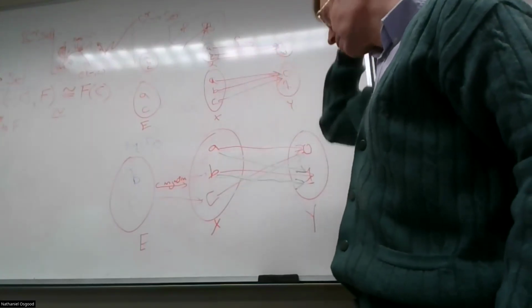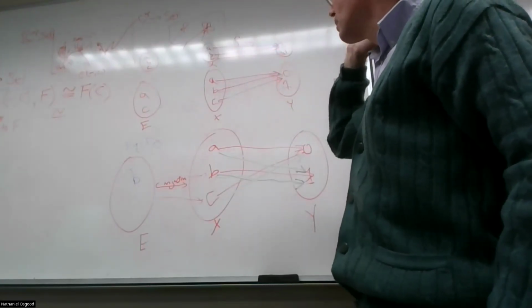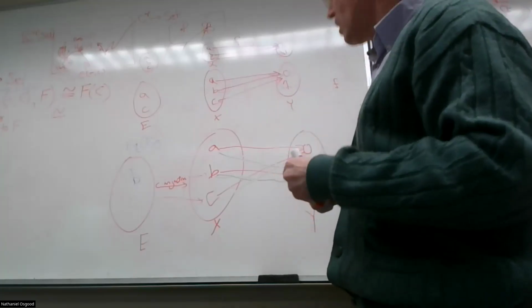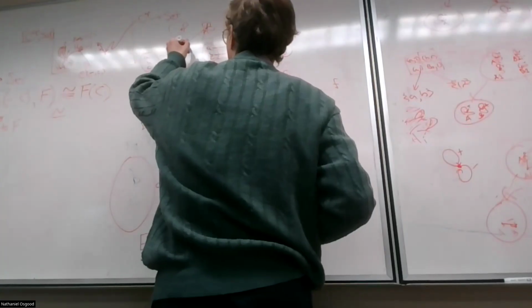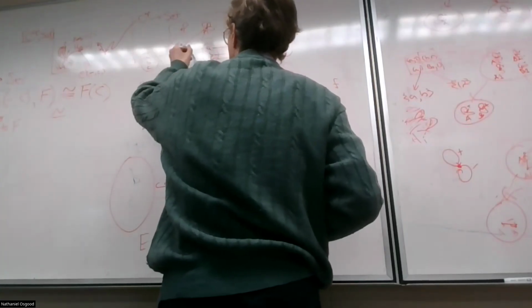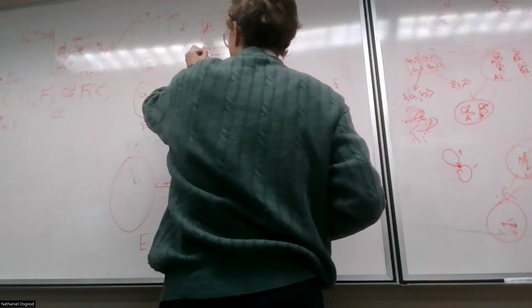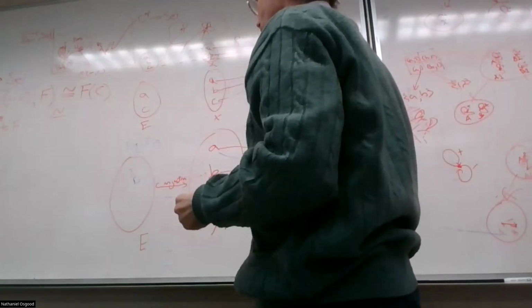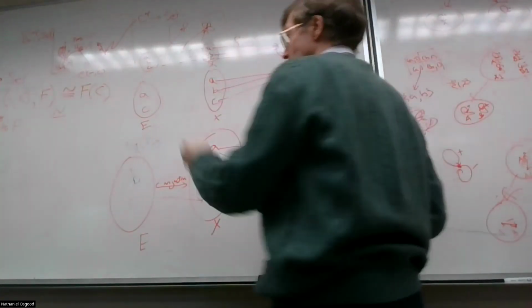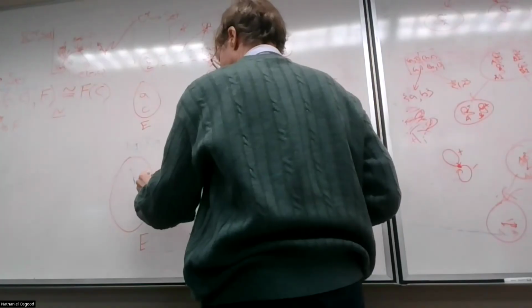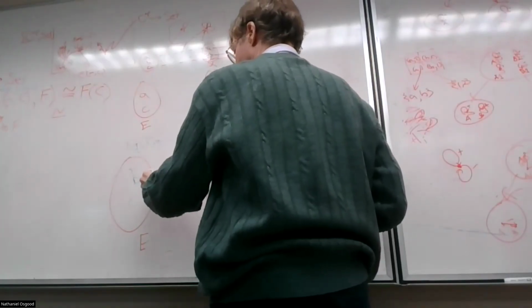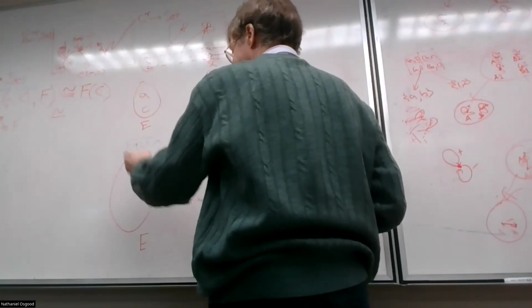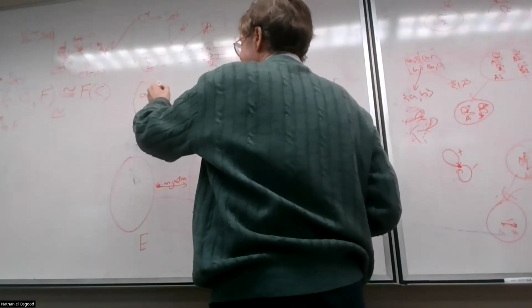In that case, little e would be the identity on X. Little e is the identity on it. So, yeah, that's right. Here, what would little e look like? There's a little e that goes from this.